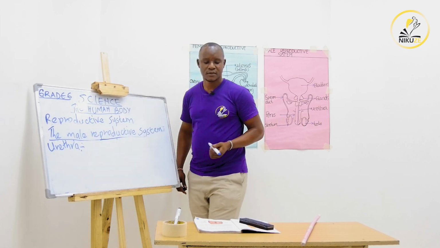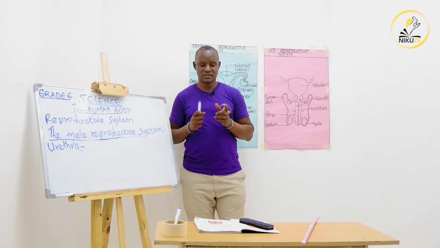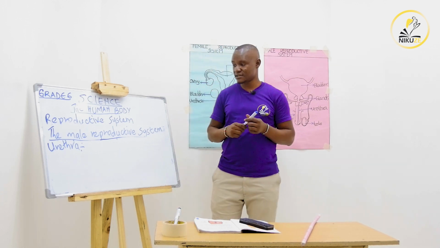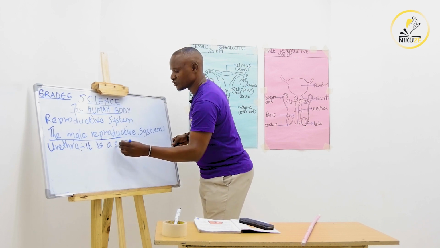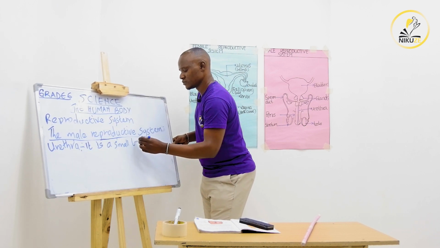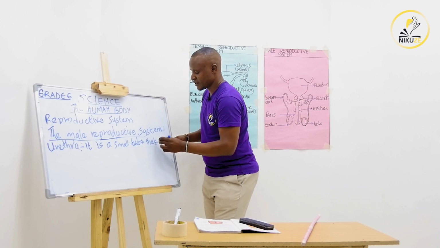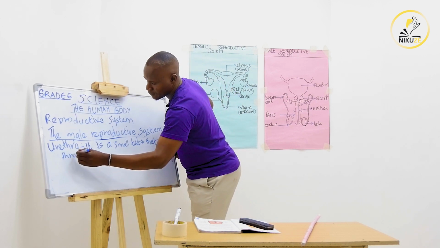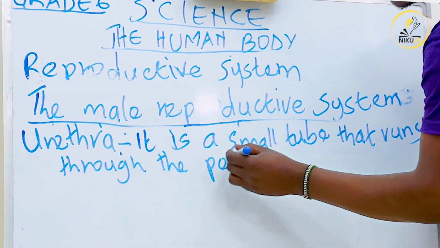The urethra is a small tube that runs through the center of the penis.